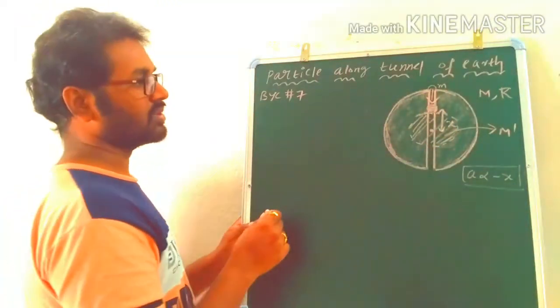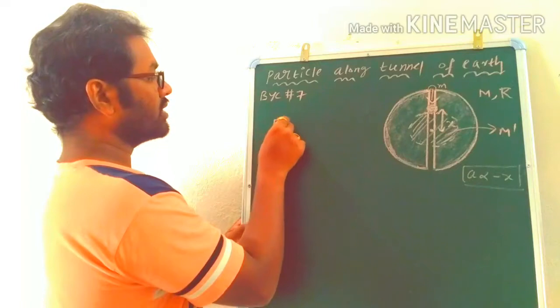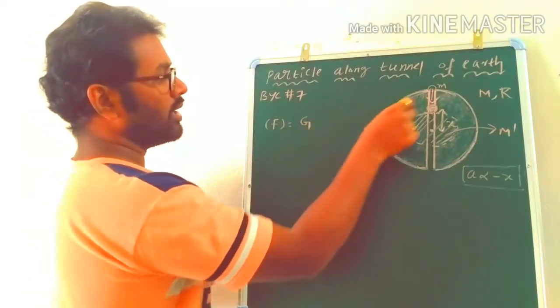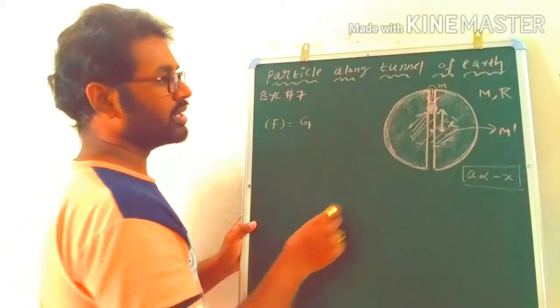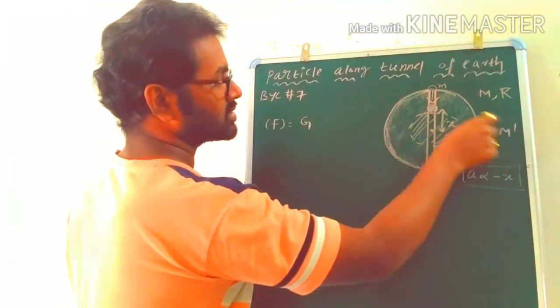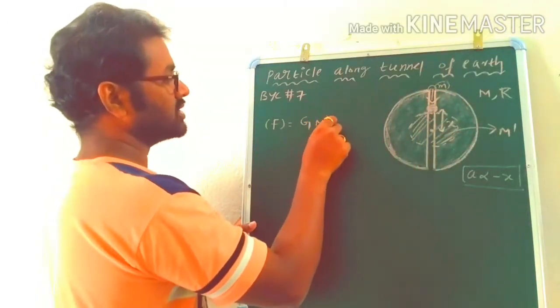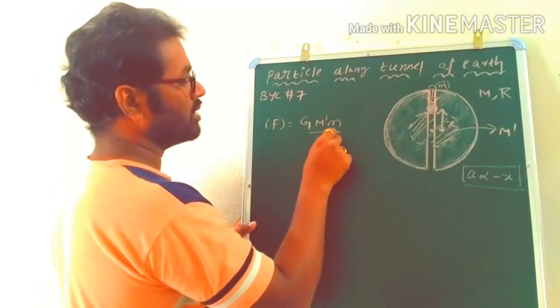As you know, the gravitational force of attraction is given by G m1 m2 by r square. Here one mass is m dash, the second body has mass small m, so G m dash into m divided by x square.